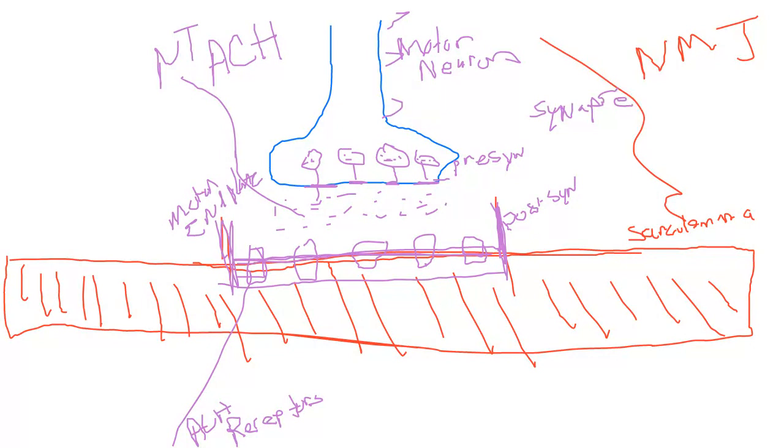When acetylcholine is released in the synaptic cleft, the space where the membranes exist but are not fully touching, some of it is going to go out, some is going to be moving in circles trying to get back inside, and hopefully some is going to bind to its receptor on the sarcolemma, on the motor end plate of my muscle fiber, and cause that receptor to open a doorway.